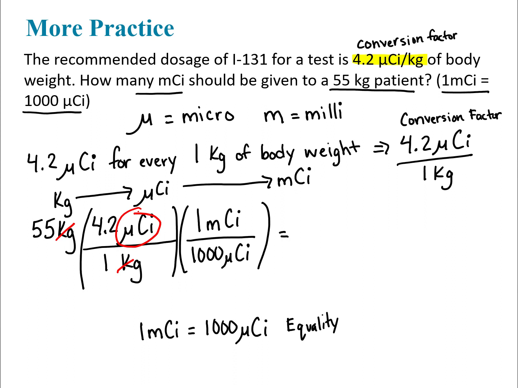With our first conversion factor, we get the number of microcuries. With our second conversion factor, we get millicuries.